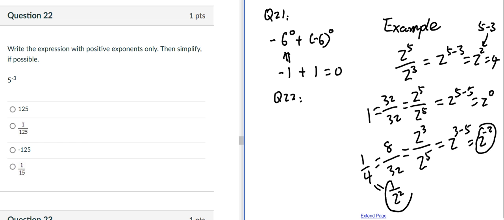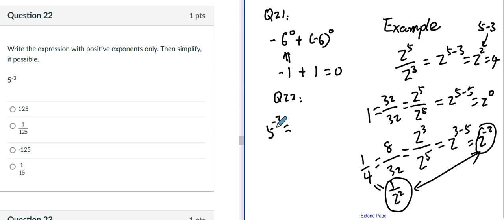So from here and here, in order to eliminate the negative sign, you basically put numerator 1 and then divide it by 2 squared. So here is the same thing. You have a 5 to the negative 3.